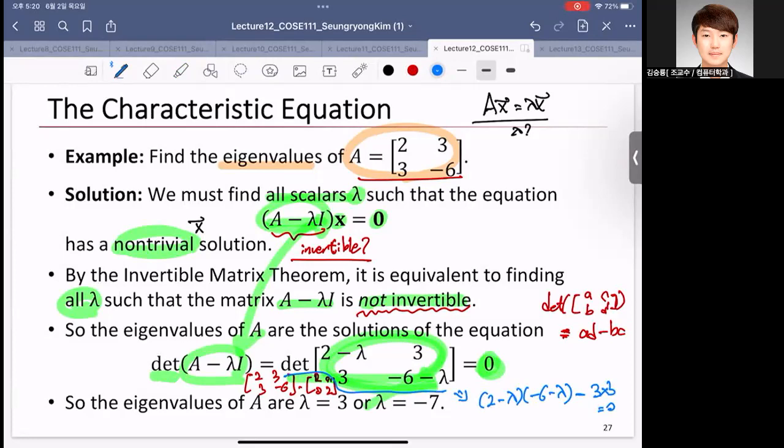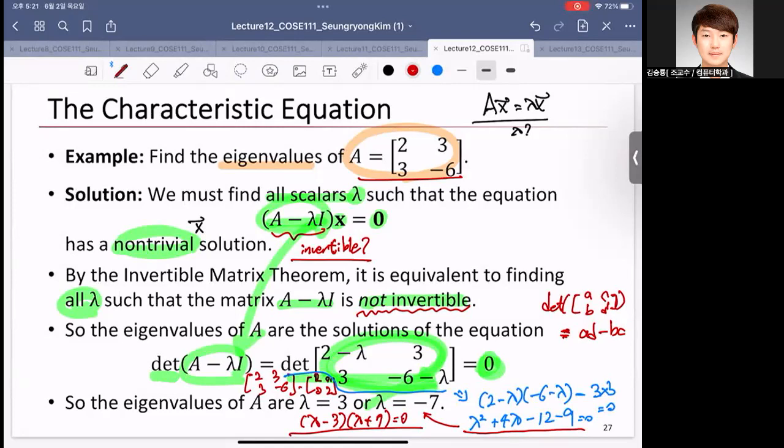Then this one is going to be lambda squared plus 4 lambda minus 12 minus 9, right? Equals 0. By the factorization rule, you can factorize this. We will skip this here; you can just factorize the second-order polynomial by using your middle school knowledge.